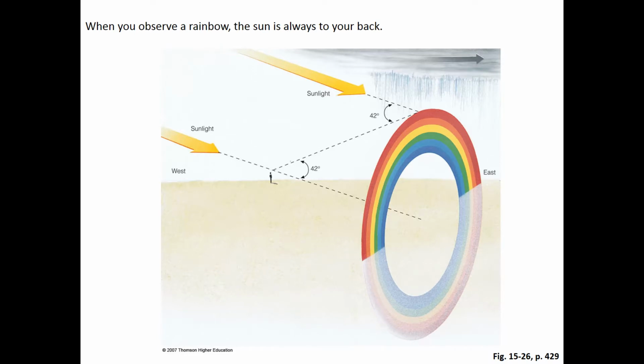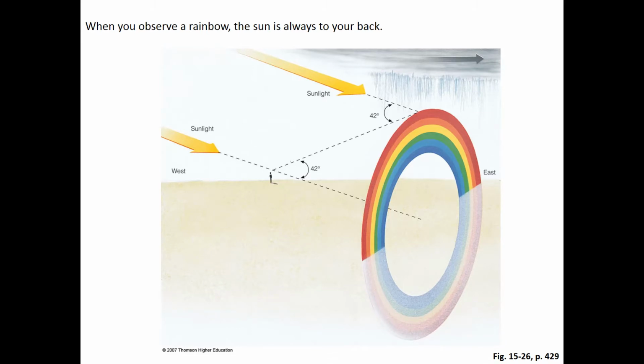Now, one of the things that you should know about rainbows is the sun needs to be at your back. And the reason why is because that sunlight needs to enter the water droplets, which will be in front of you, reflect off of them, and then come back to you.